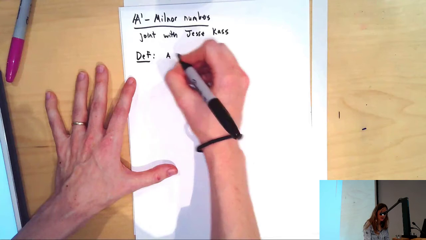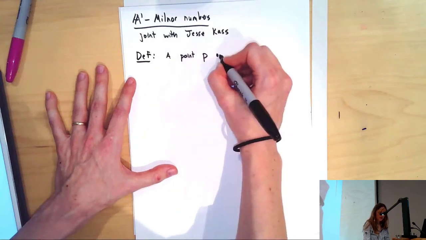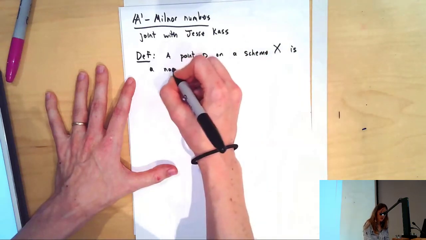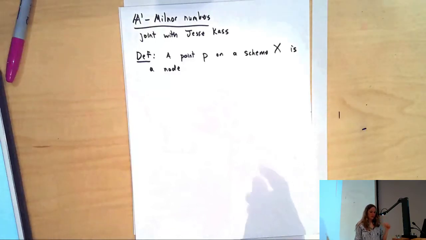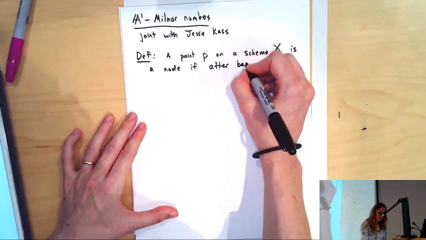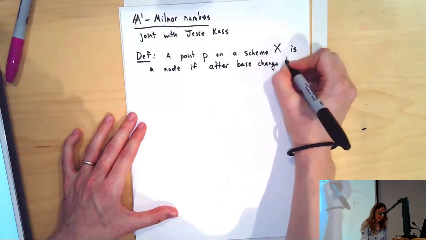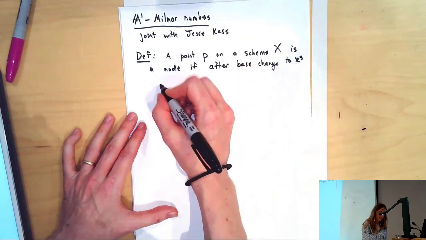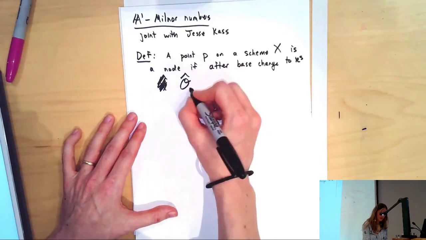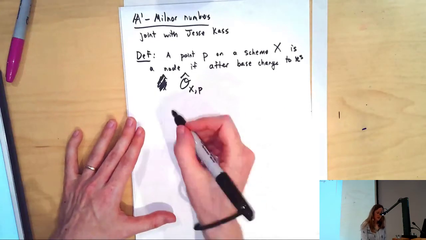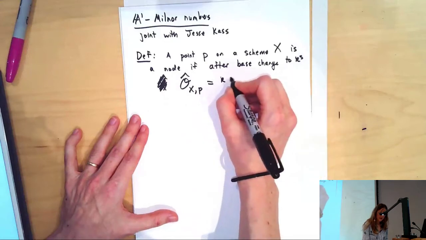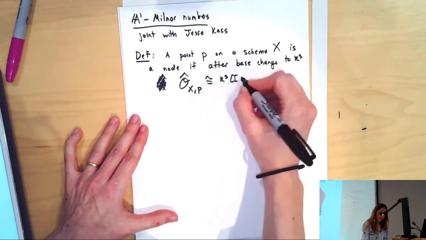Say a point P on a scheme X is a node if after base changing to the separable closure K^s, the completed local ring of X at P is a standard node.